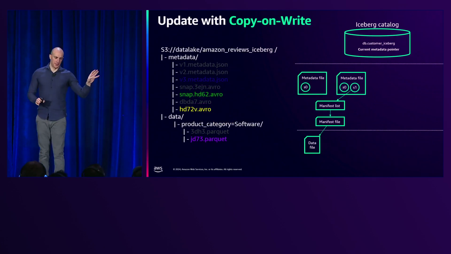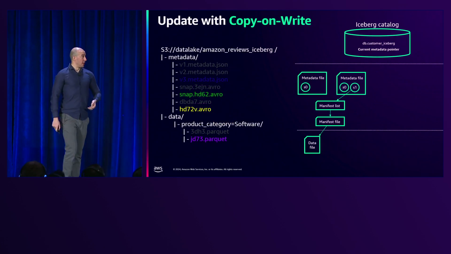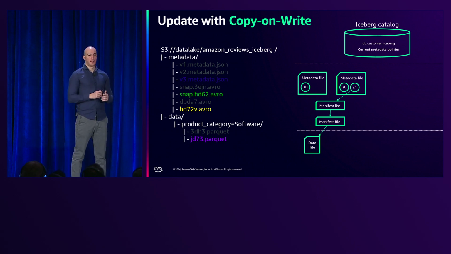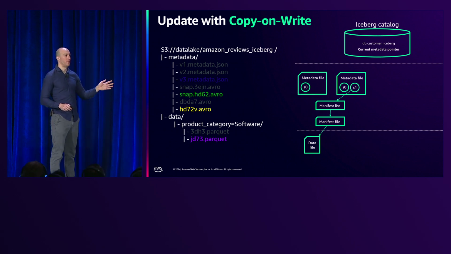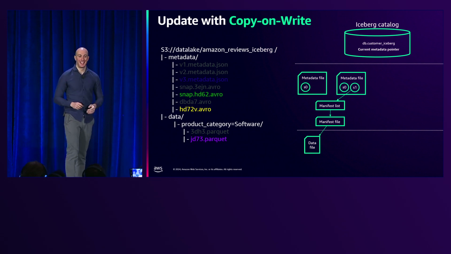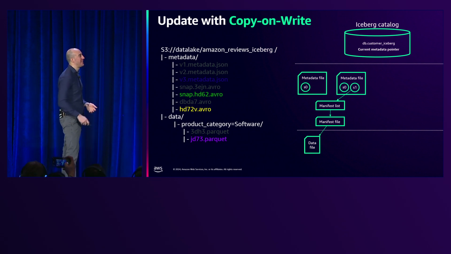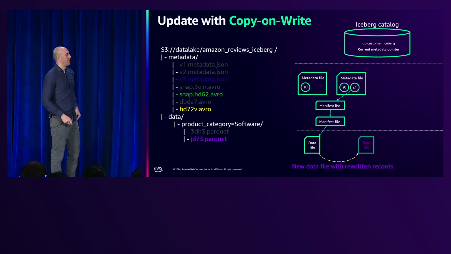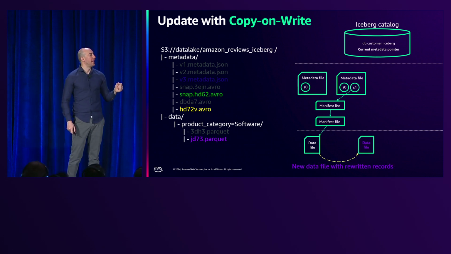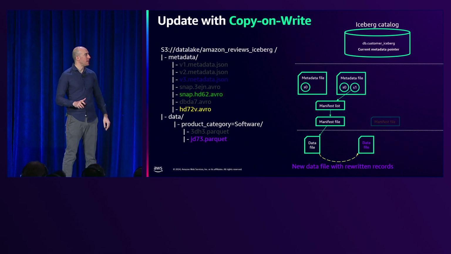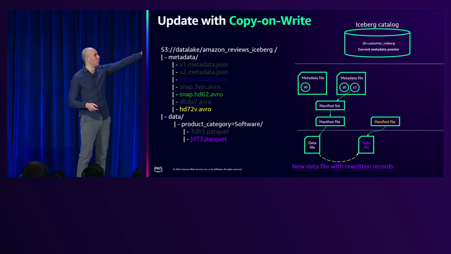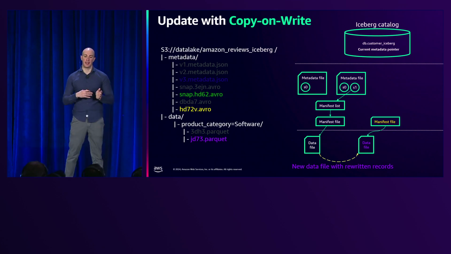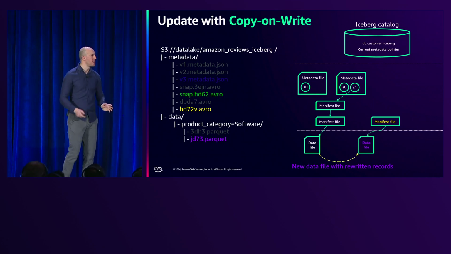Now, let's see what happens to the manifest during these two operations. I will go first with copy on write. I promise this is the last really technical slide that I will present. First, as I mentioned, the new file gets rewritten. Second, a new manifest gets created. All of this within the two dotted lines gets handled by Iceberg behind the scenes.